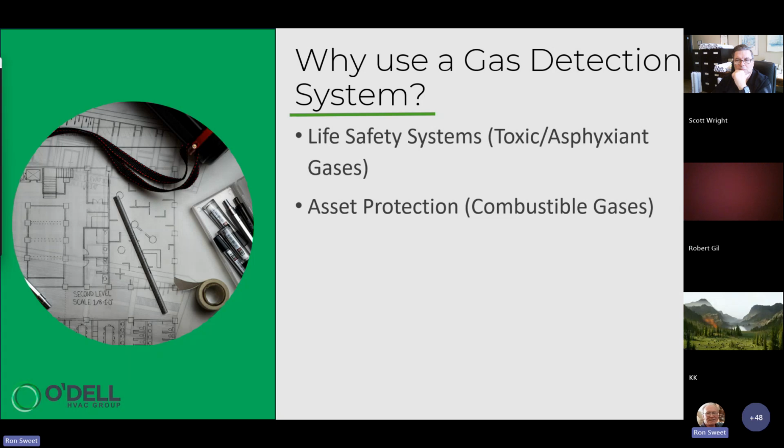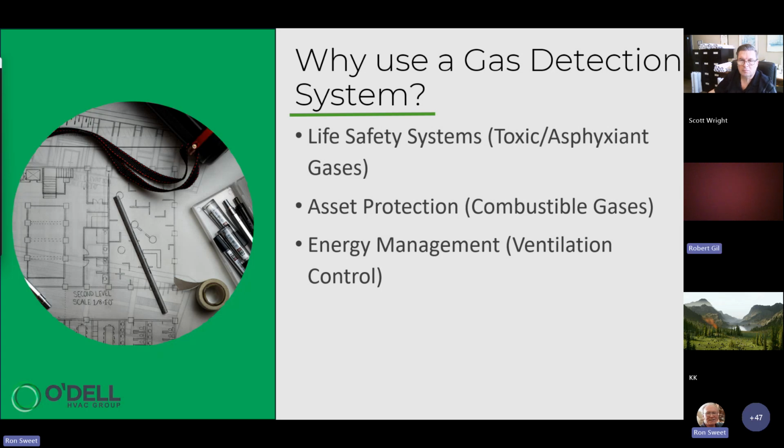And a spin-off to that, the extra added advantage is energy management. Controlling the ventilation system such that we don't have to run that ventilation system at maximum CFM 24/7.